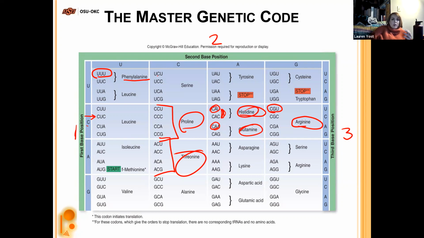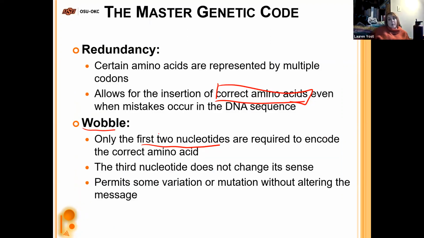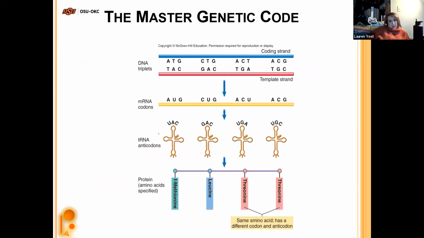For the most part, UC is going to be serine, AC is going to be threonine, and CC is going to be proline. You guys get it. That's what wobble is talking about. Some of them have more wobble than others, but that's the idea. That allows for some tolerance when mutations happen and things go awry.